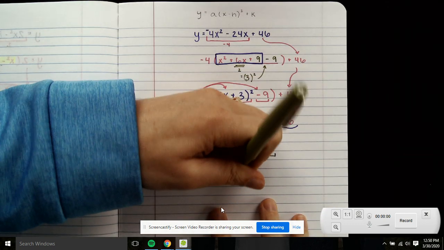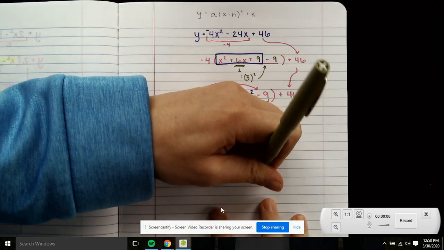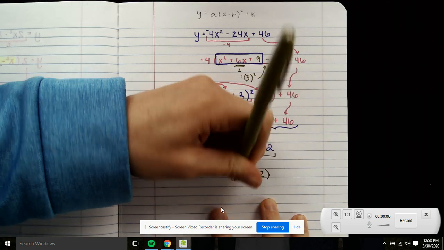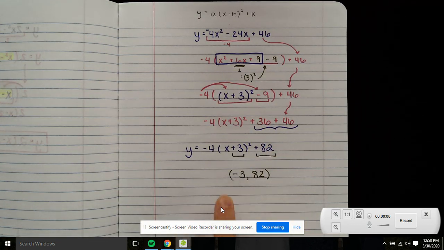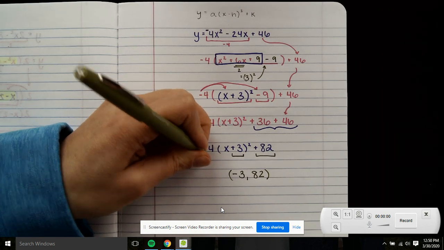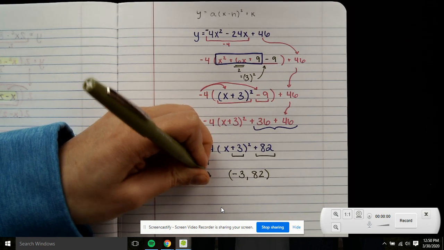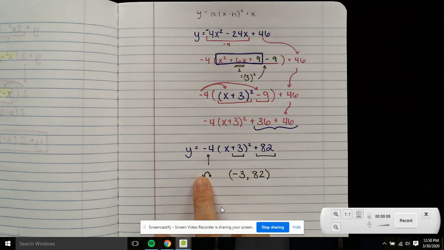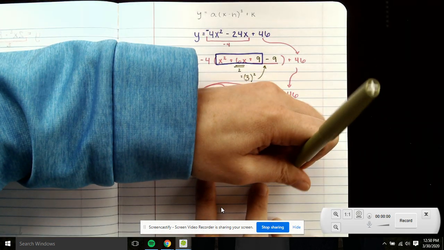So it's going to be -3, 82. This -4 means that this will open downward. A negative a value means it'll open down. So I know that this point here, -3, 82, would be a maximum.